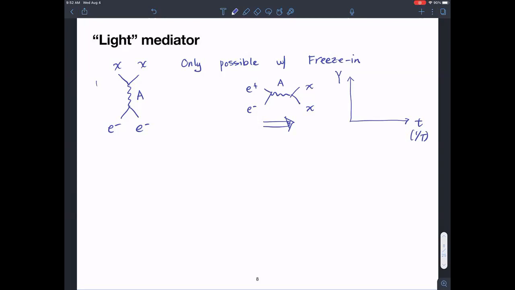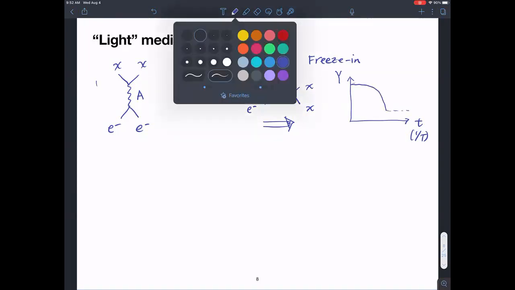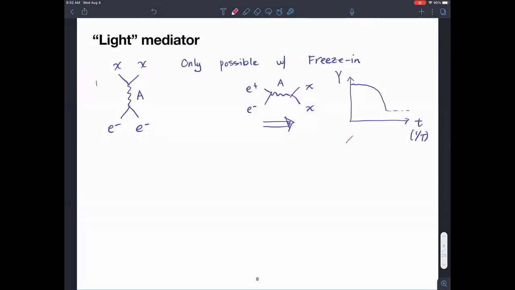And freeze out looks like this. And freeze in looks like this. And so the amount of dark matter that you produce just saturates at some point.